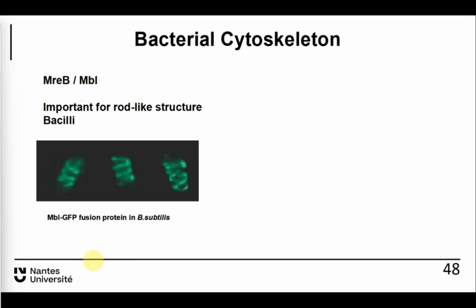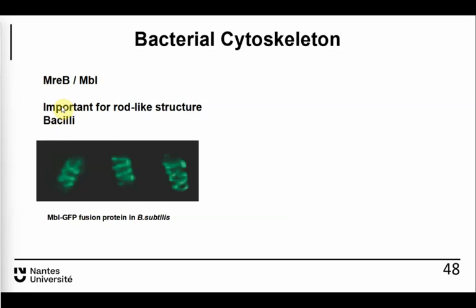Now, if you look inside this bacterium, Bacillus subtilis, a gram-positive bacillus, it's expressing a fusion protein between Mbl and the green fluorescent protein GFP. And this allows you to see the filaments of Mbl inside the cells. You can see that they form a kind of helix, and the function of the MreB and Mbl proteins is to force the bacterial cell to elongate and give it the form of a rod like a bacillus.